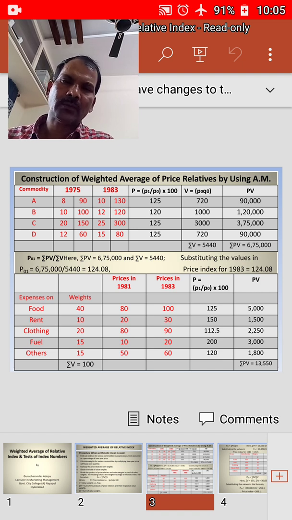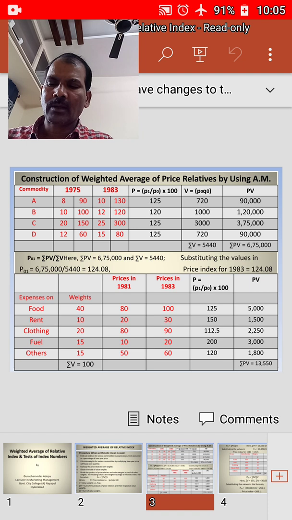Substituting these values in the formula, P01 is equal to 6,75,000 by 5,440, which is equal to 124.08. Therefore, the price index for 1983 will be 124.08, right?